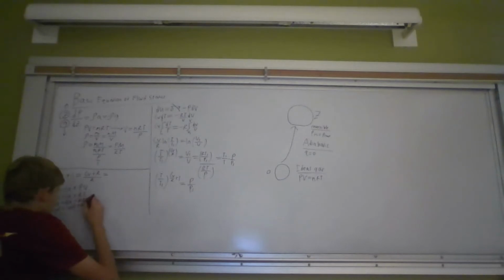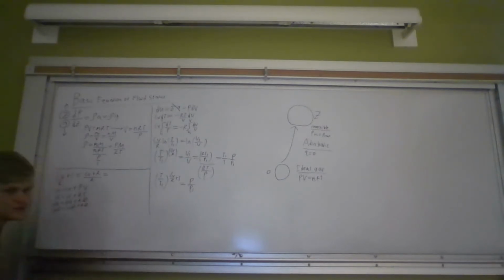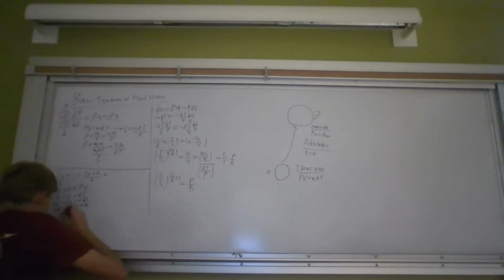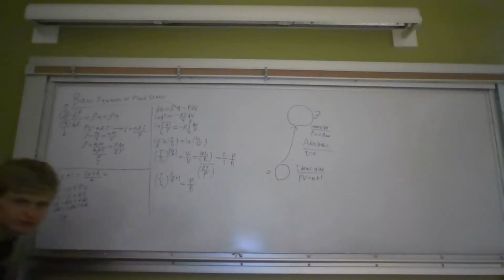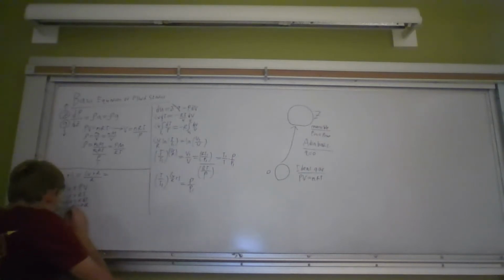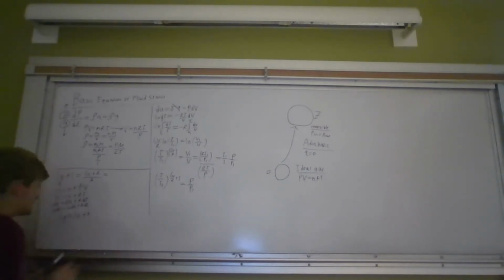And then we just have our gas constant times dT. So since all terms have a dT, we can immediately get rid of every single one of those and have a new equation as such: our constant pressure is equal to our constant volume plus our gas constant.